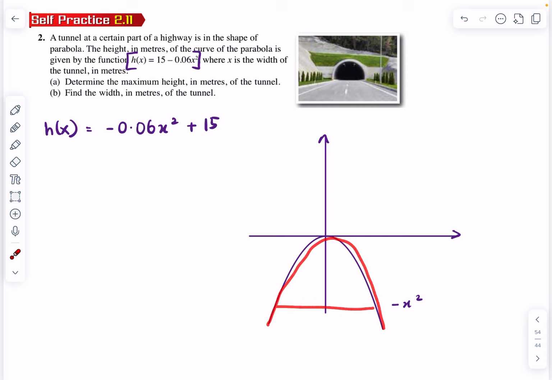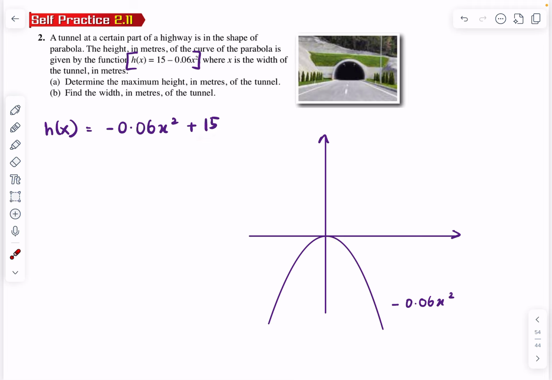Let's assume this is the thickness of the graph. So we can call this negative 0.06 x square, because we are not comparing the thickness. If we have another graph of, let's say, negative 5x square, then we can compare the thickness. Then the whole graph is plus 15.